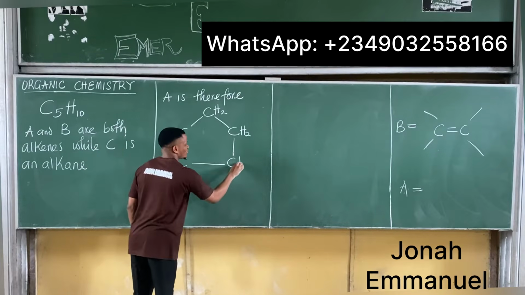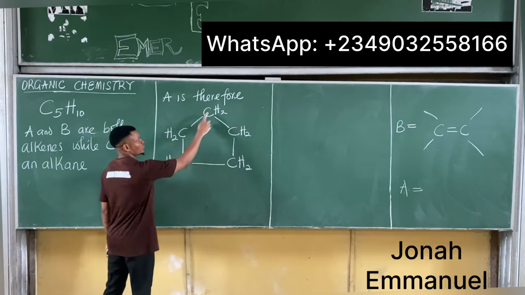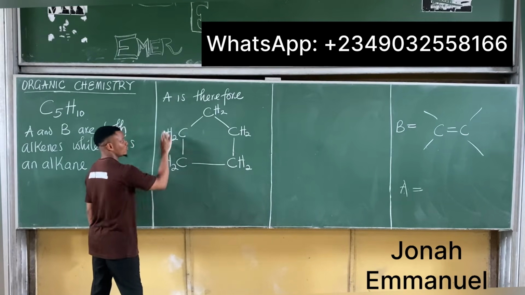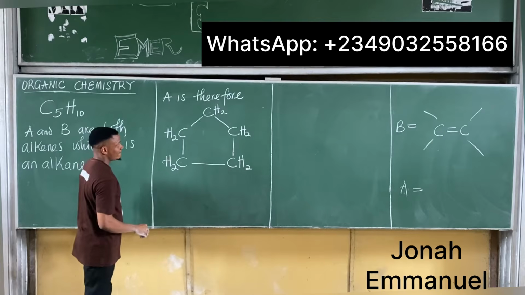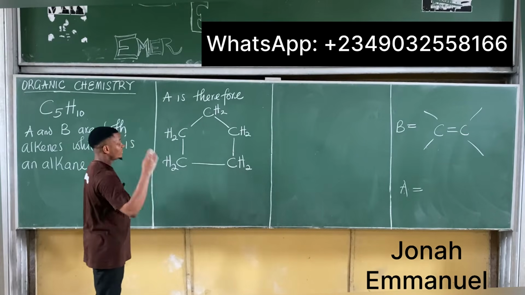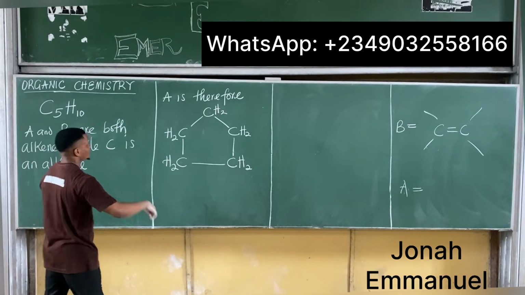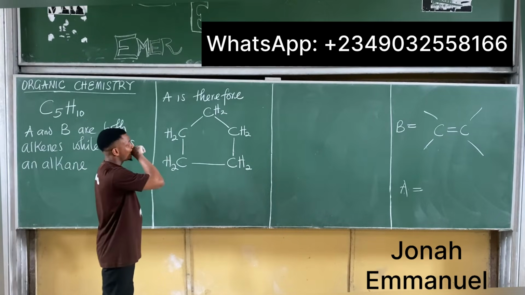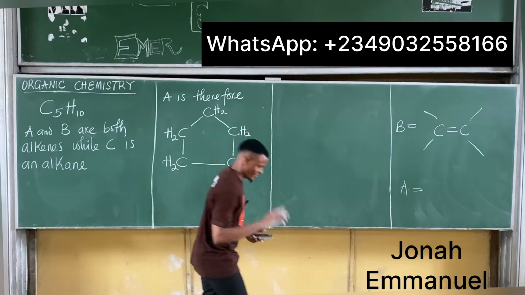So here's an alkane that has 1, 2, 3, 4, 5 carbons, C5, 2, 4, 6, 8, 10, H10. Okay, it's C. Sorry.